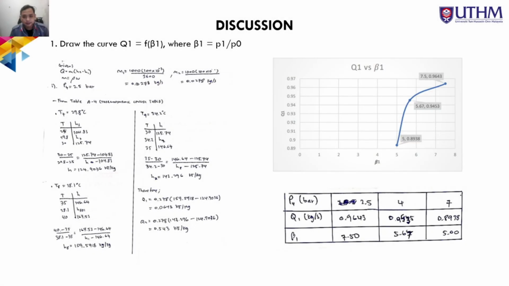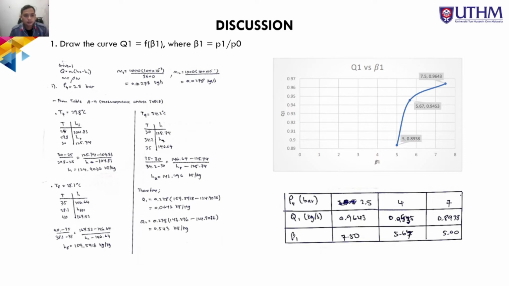Hello and good day. My name is Selvin Budipes Barau, and I'm going to present about the discussion. So the first question is: draw the curve Q1 equal to F beta 1, where beta 1 is equivalent to P1 over P0.